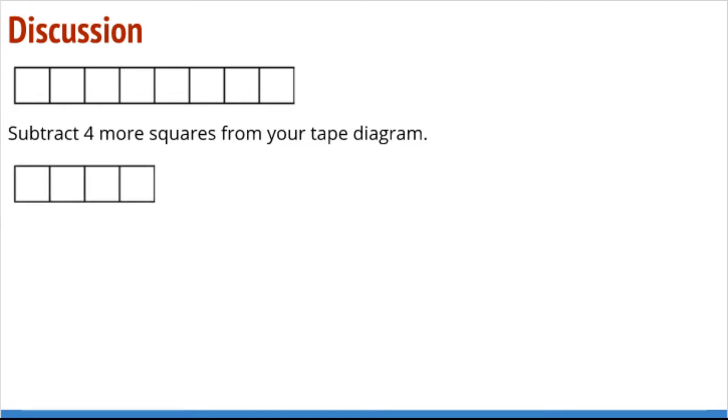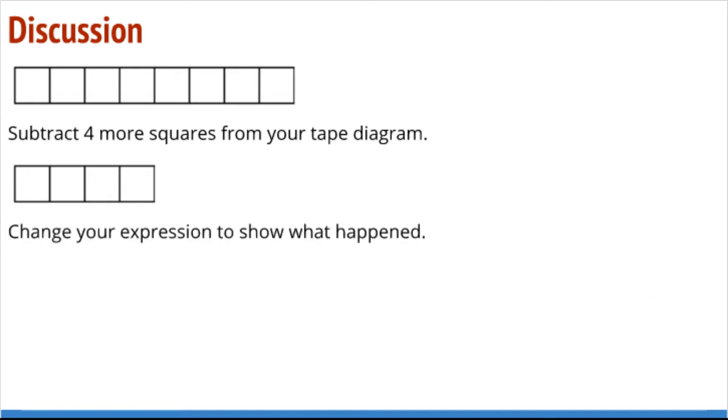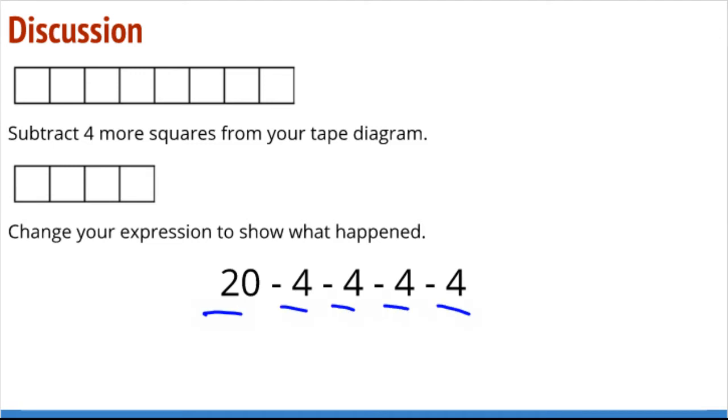So now we have this many squares. We're going to add on to the expression to show what has happened. So we had 20. We've taken away 4, 4, 4, and 4. So what you'll notice here is we are showing what is happening as we are continuing to take away 4.